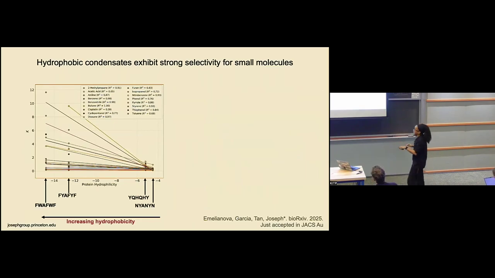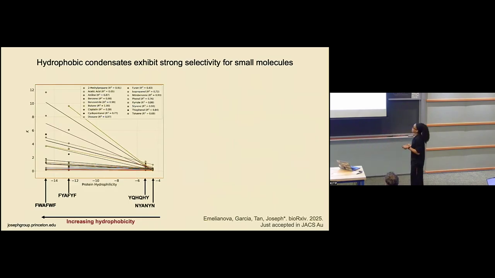And we see here that if we go on the side where we have increasing hydrophobicity, these environments exhibit a very strong selectivity for the molecules that partition into them, where if we go along this side where we have a more polar environment, they seem to not care about the small molecules that we put into the system.